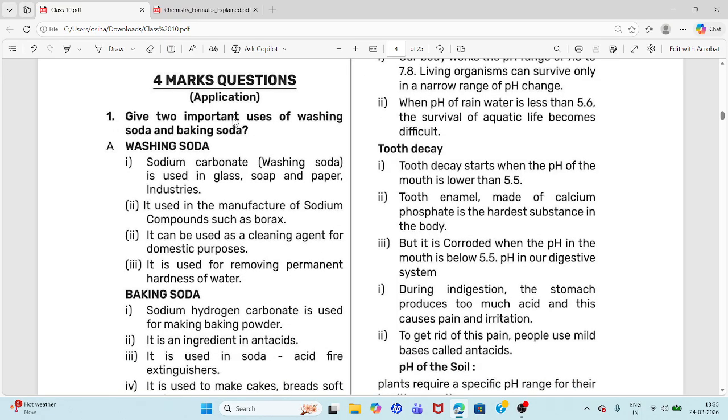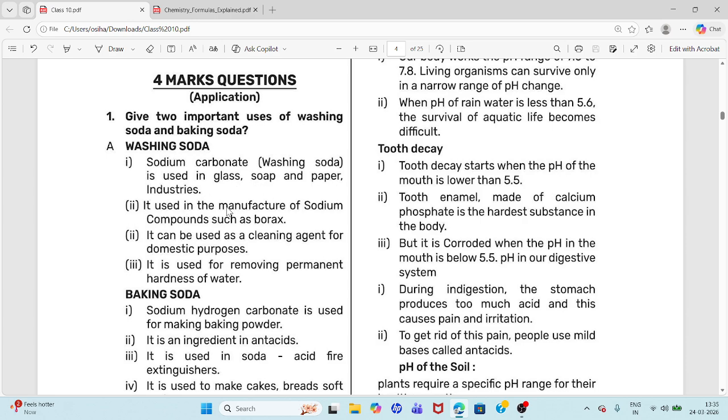First question: give two important uses of washing soda and baking soda. Answer: washing soda. First point: sodium carbonate, means washing soda, is used in glass, soap, and water industries.